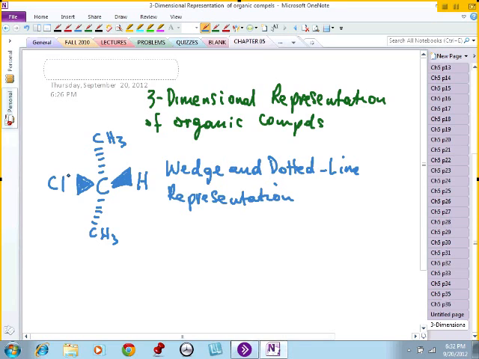So now, based on your perspective, if I want to write this structure, the chlorine is coming at you, so I'm going to write it this way. So we have carbon here, and the chlorine is coming at you. Let's do this.